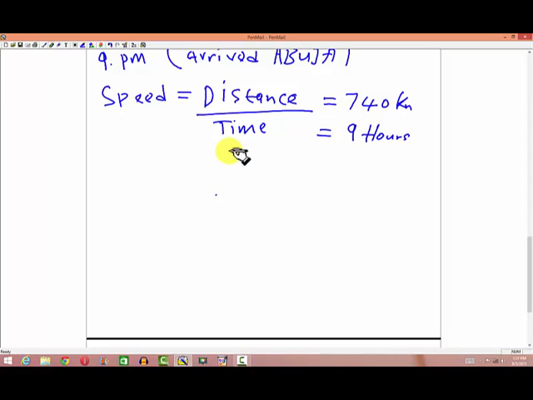So it's just to divide 740 by 9. The answer is 82.2 kilometers per hour.